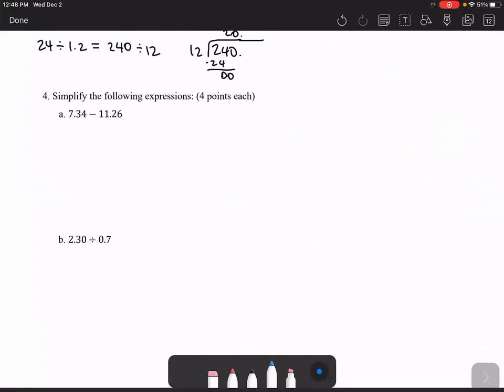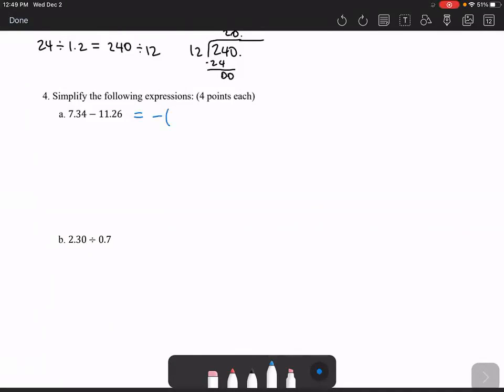So for A, whenever you're subtracting decimals and the first number in the subtraction is smaller than the second number in the subtraction, I think the easiest way to avoid making mistakes is to rewrite this by factoring out a negative.